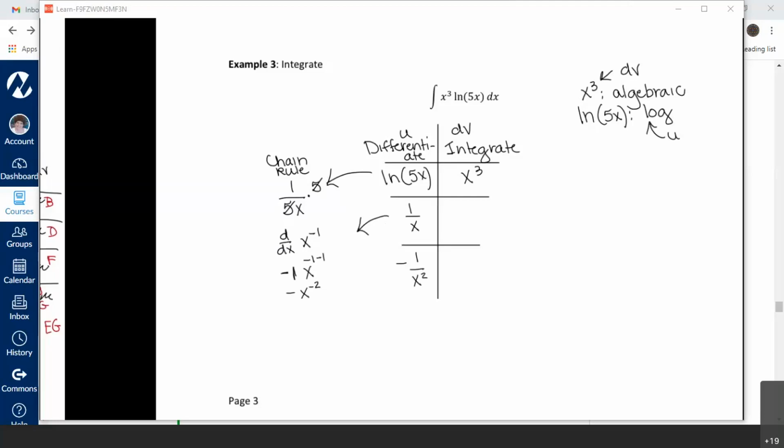If I keep doing this, I'm going to get 2 times x to the minus 3. Then I'm going to get -6 times x to the minus 4. It's a pattern that's going to keep going. So this will never be 0. That's going to happen every time you have a log function. You're not ever going to get that to become 0.